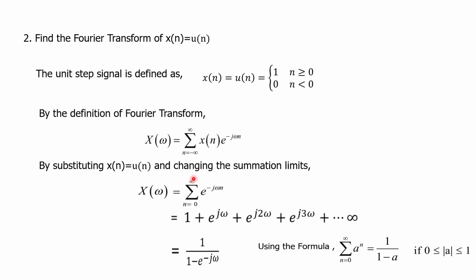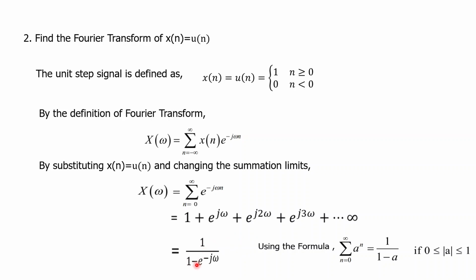Wherever you find a signal multiplied with u of n, then automatically the limits will change from 0 to infinity. So amplitude is 1, so e power minus j omega n as it is. Expand this one, and it is in the form of summation n equal to 0 to infinity a power n. For this, the formula is 1 by 1 minus a, where a must be a rational number.